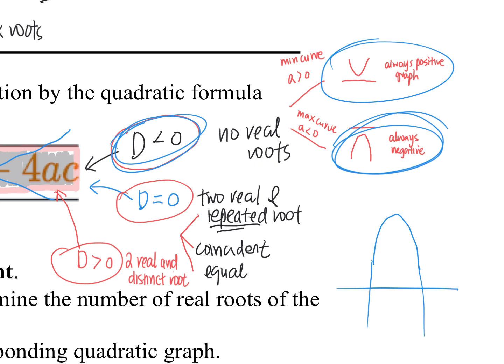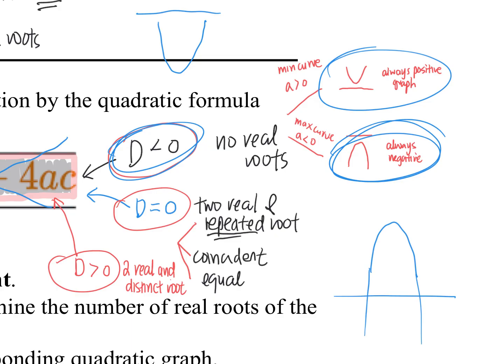Just like a minimum curve, even if you draw the line here, it can never float below because if you extend it, it will always cut. What if a maximum? Then you have an always negative graph, no real roots, so it will never cut. Okay, we try an example, then you will be better.